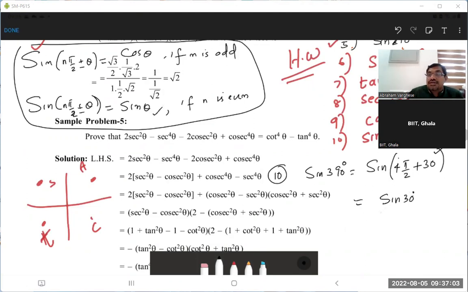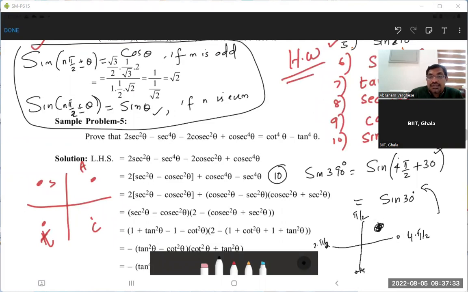Now look at which quadrant it lies in. How do you know that? This is 0, this is 1 into 90, this is 2 into 90, this is 3 into 90, this is 4 into 90. 4 pi by 2 means 2 pi. 4 pi by 2 plus means the direction is this, so this will be the quadrant.